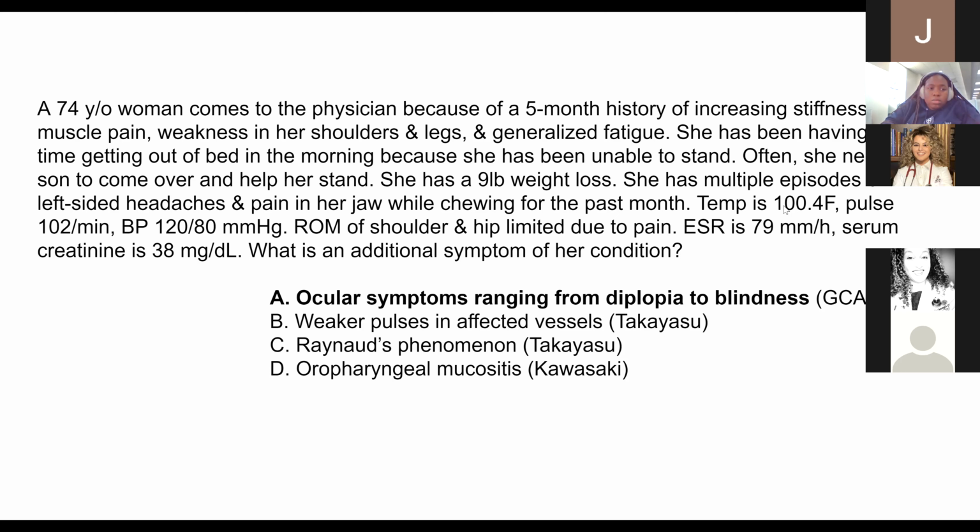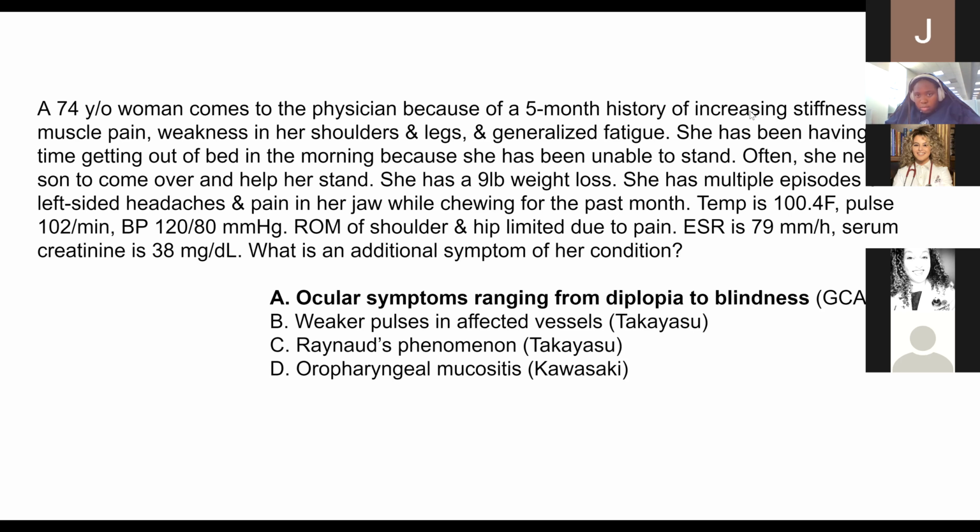I know it was in your slides, like a one-liner at the bottom of the page. Would it be poly something myalgia? Rheumatica. Perfect, exactly. Polymyalgia rheumatica.